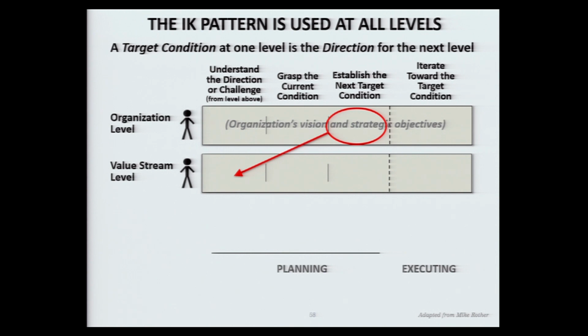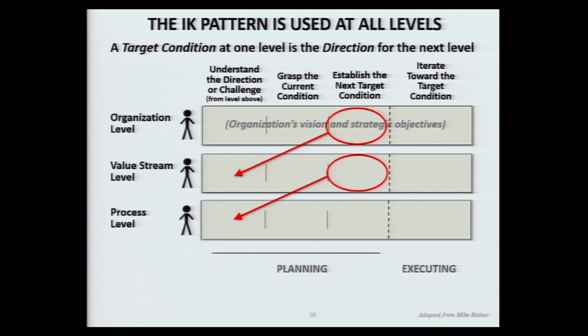So he or she can call together the value stream managers and say, each one of you is now a learner. My target condition for the quarter is your challenge, and then you set a challenge, and this actually is a collaborative relationship. It's not, I'm just telling you what your challenge is.